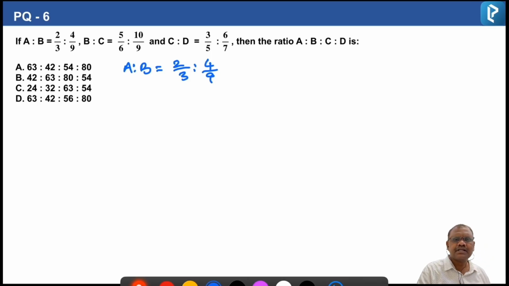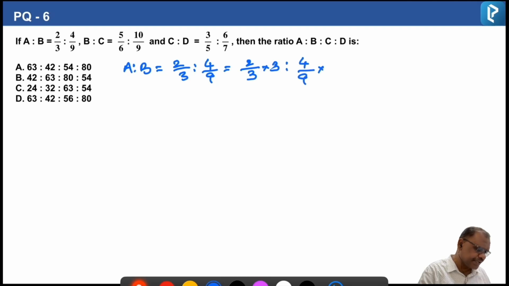So, to convert these fractions into whole numbers, both the terms should be multiplied by the LCM of the denominators. For 3 and 9, 9 is the LCM because 9 is a multiple of 3. So, if you multiply both the terms by 9, what do we get? 2 by 3 into 9, 4 by 9 into 9.